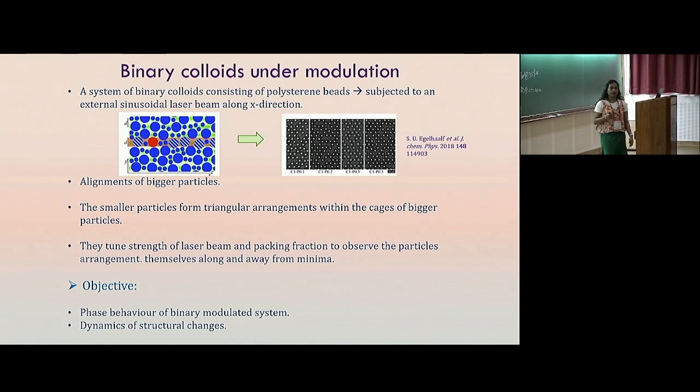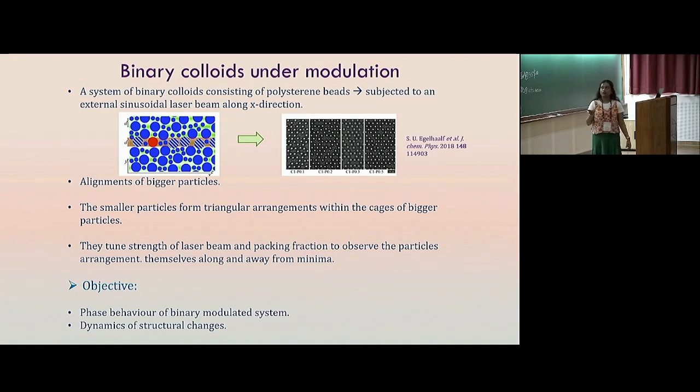Here there have been many experimental studies on binary colloids. One such example is a quasi-2D experimental system with polystyrene beads of two different sizes, one having a diameter twice that of the other. They subjected the system to an external modulation, a one-dimensional laser beam, where the wavelength of the laser beam matches the diameter of the bigger particles.